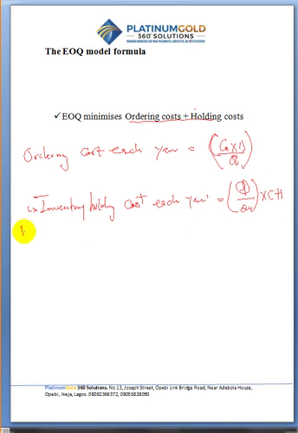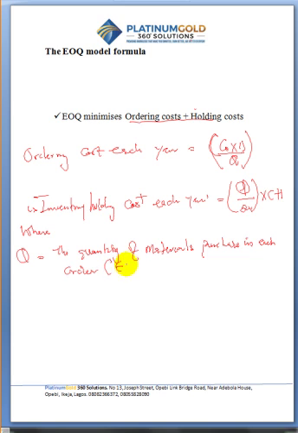Okay, let's define our variables where Q is the quantity of materials purchased in each order.